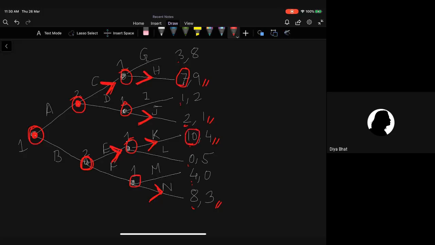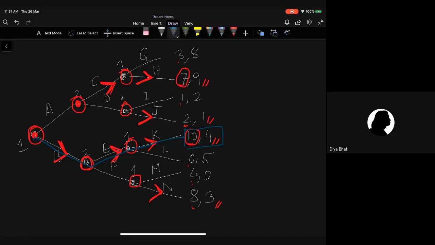So 1 would choose B. So this gives you the subgame perfect Nash equilibrium. The actual move will be 1 would choose B, after which 2 would choose E, and 1 would choose K, and then the game will end with this being the equilibrium payoff.